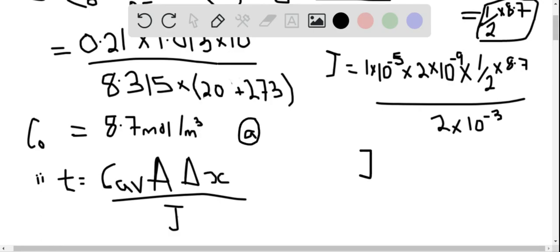J, which is the diffusion rate, is equal to 4 times 10 raised to power negative 11 moles per second.